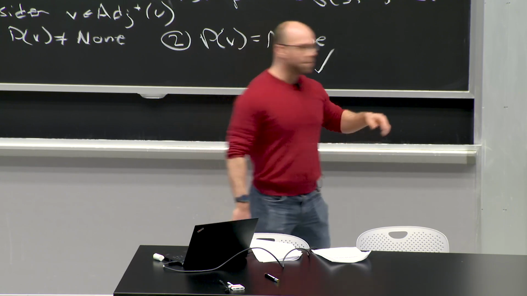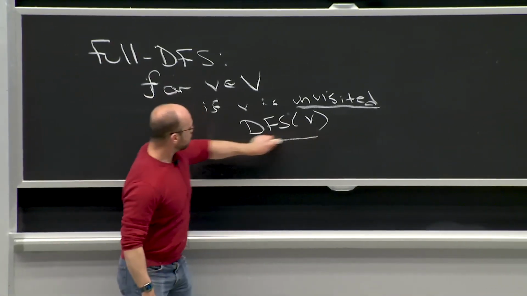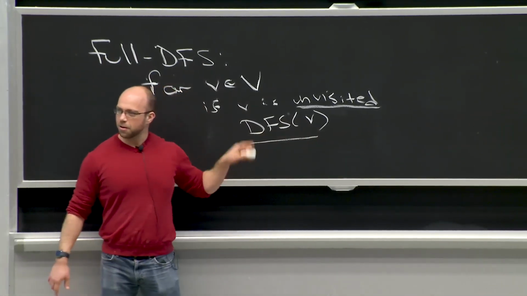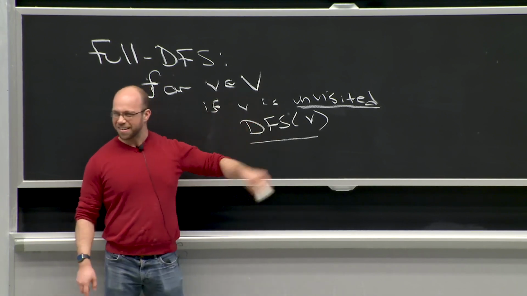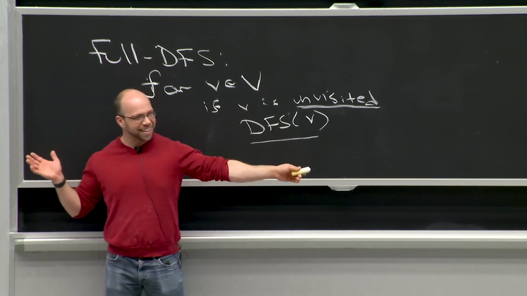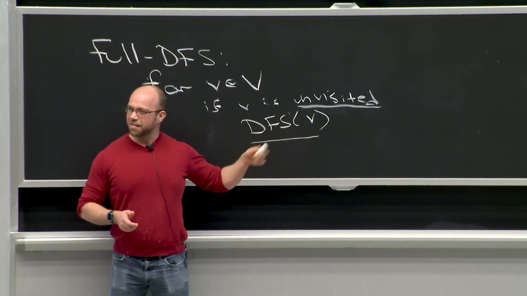Because if I'm in one connected component, then by definition, I can't be in another connected component. And so what happens is, in some sense, this innocent-looking call to DFS, I suppose if you were a Lisp programmer, you somehow wouldn't like this. It has a side effect, which is that I marked all the vertices in that connected component as don't touch me again. And so implicitly, I kind of removed edges in this process.